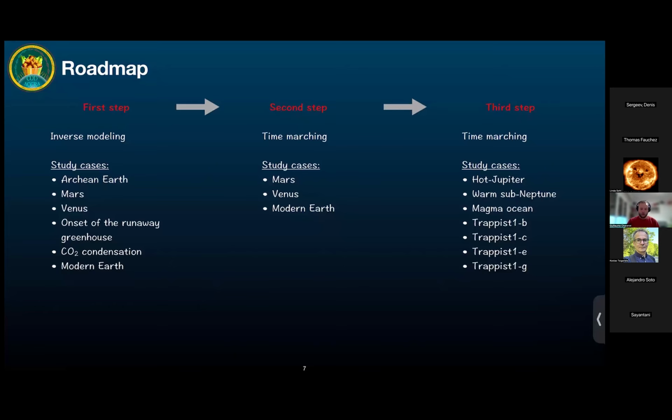For the second step, we have for now only Mars, Venus, and modern Earth because time marching models are a little bit longer to run than inverse modeling, which is kind of instantaneous. And for the third step, it's also time marching, but here we have quite more complex cases, especially hot Jupiters and warm sub-Neptunes.